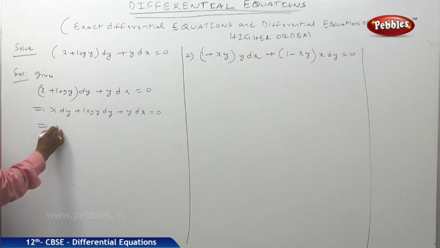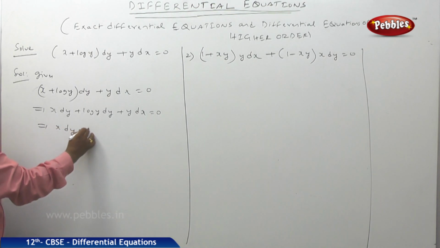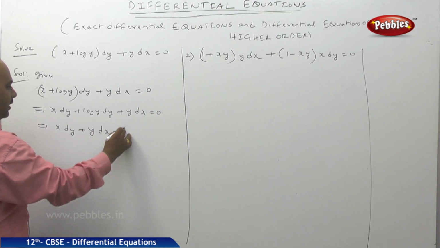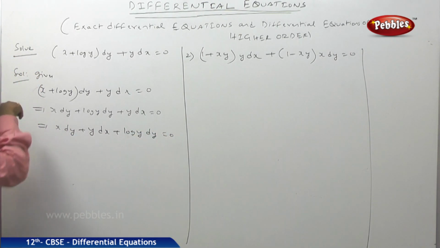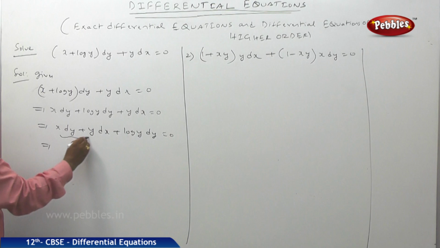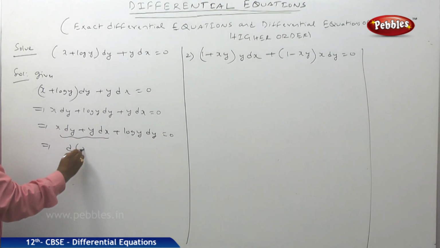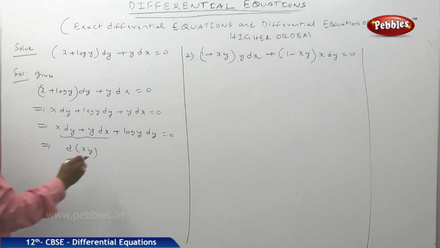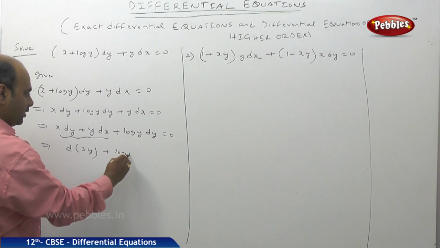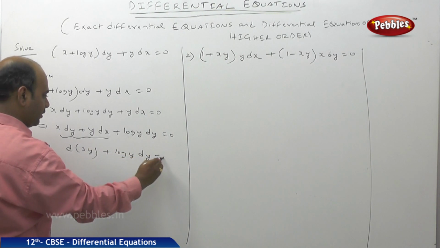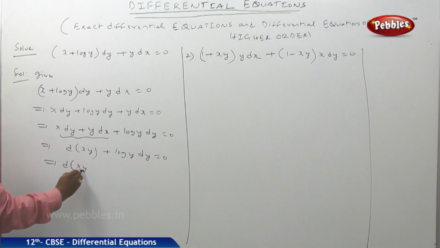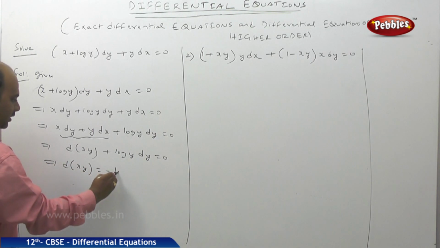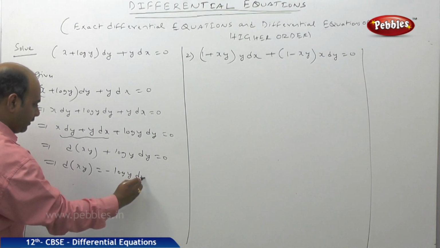Now what I will be doing is writing x dy plus y dx on one side, and I think this whole thing I can write as d of xy, and here we have log y dy equal to 0.